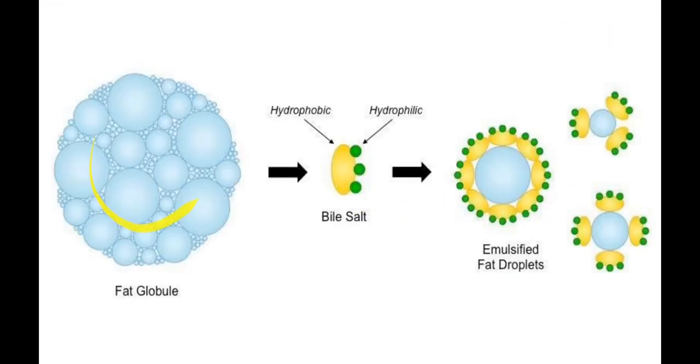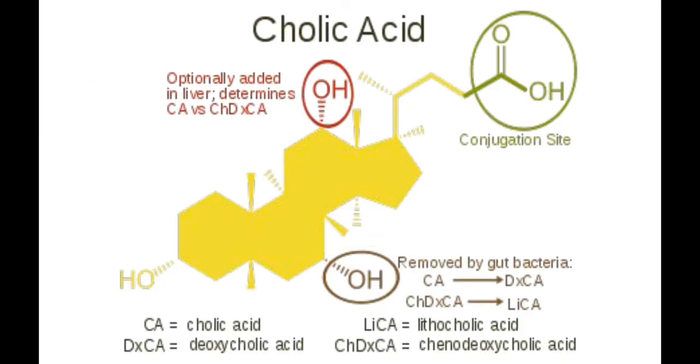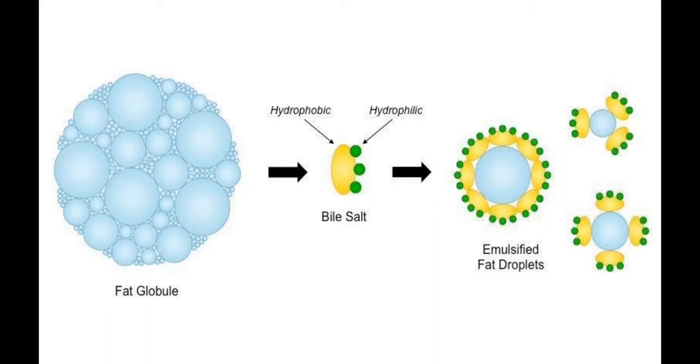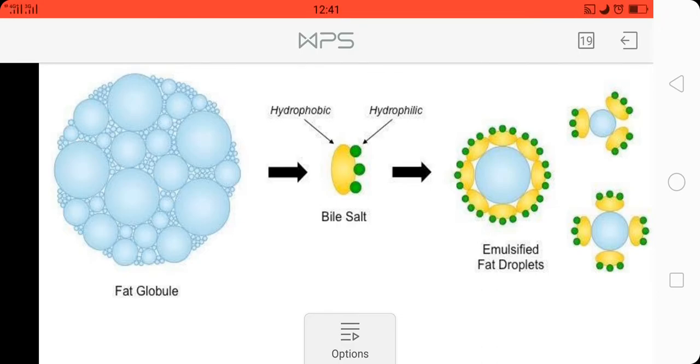So what is happening when these fat pieces are coming from our stomach to the intestines, this bile salt, this cholic acid, works as a detergent and breaks it down to smaller pieces, so that fat can be converted to fatty acids and glycerol.